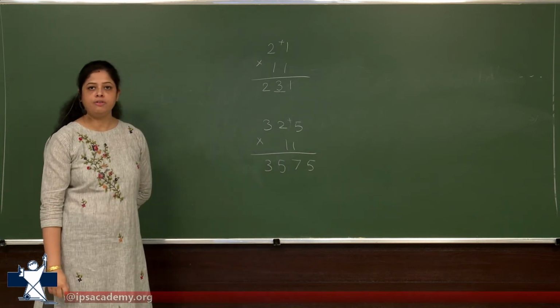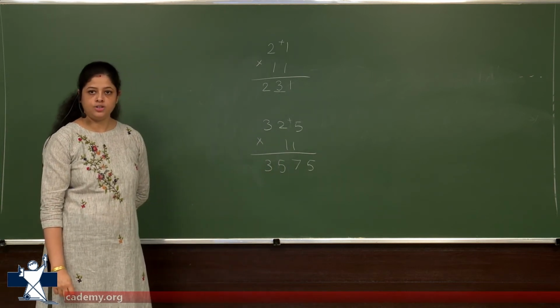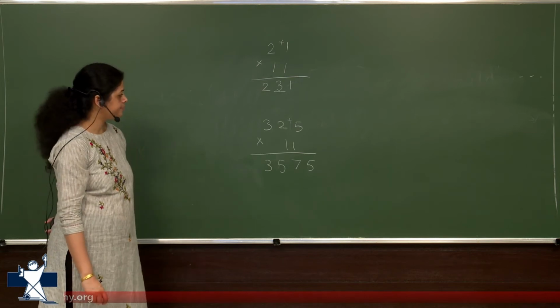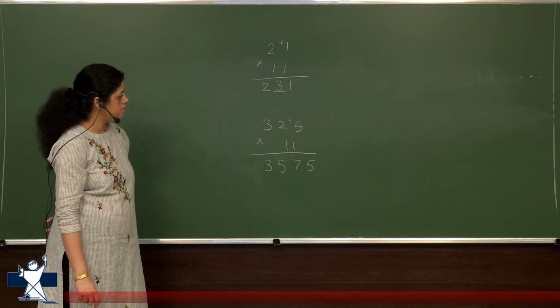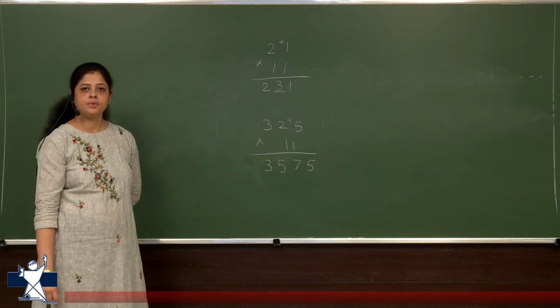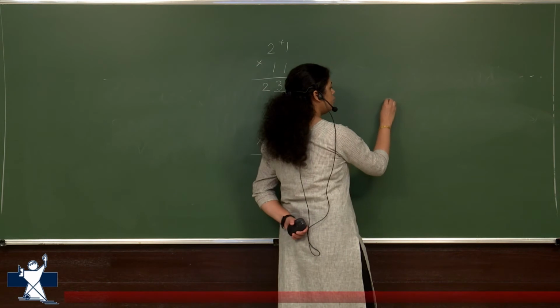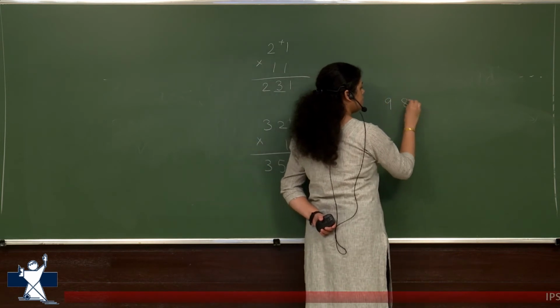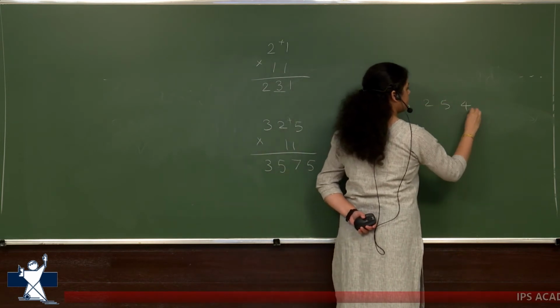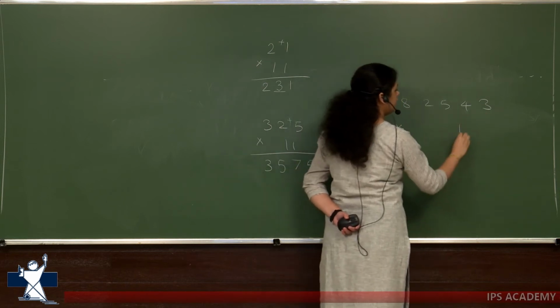So 3575 will be your answer. You can cross check with the calculator if I am right. Right? Any random number, any bigger number also you can multiply by 11.